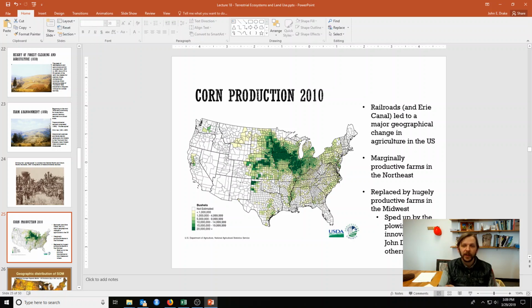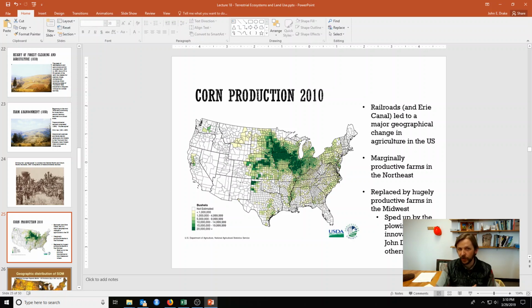This is the bushels of corn that were produced in the year 2010, and you can see that currently a lot of our agricultural production, particularly for corn, occurs in the Midwest. You can see Iowa and Illinois popping out as important areas for corn productivity now because those soils are deeper, more organic, and they have less rocks.